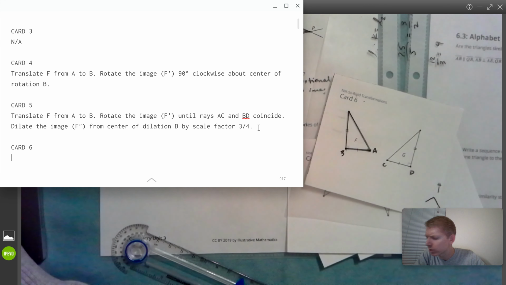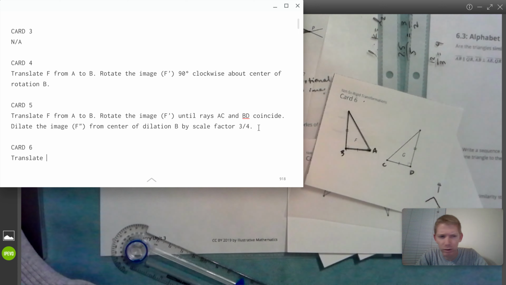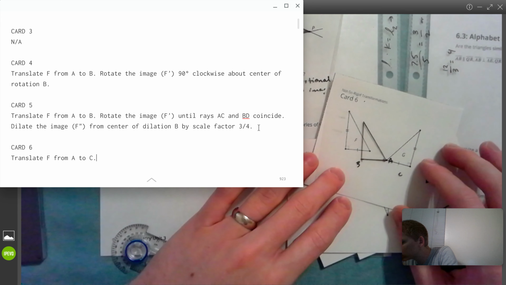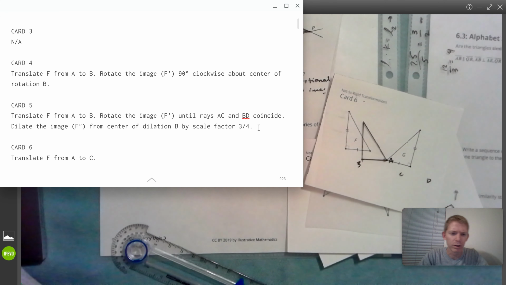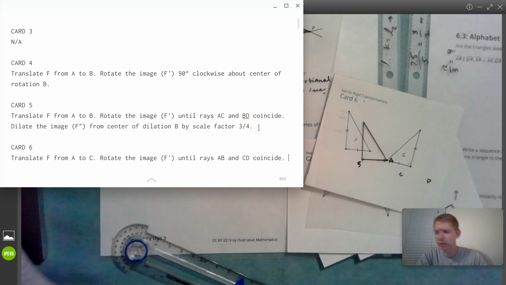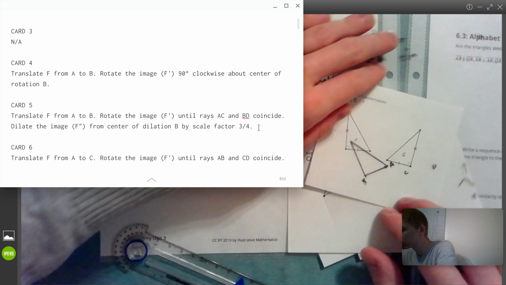So first things first, let's go ahead and translate F from A to B, no, from A to C. Okay, so that's going to look like this. Then we're going to rotate the image, which is F prime now, until rays AB and CD coincide. Okay, so that's going to look like this.